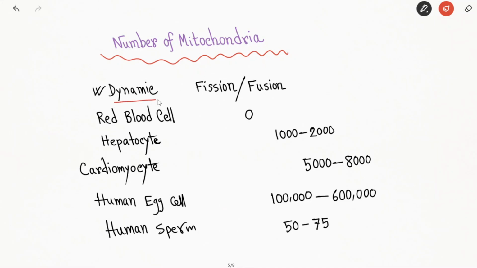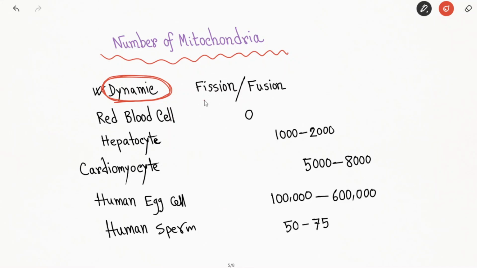It means they can change their shape at any time, and they can also change their numbers inside a cell. If a lot of energy is required at a particular time, then many more mitochondria will be required, right? In that case, mitochondria can divide themselves and increase their number.